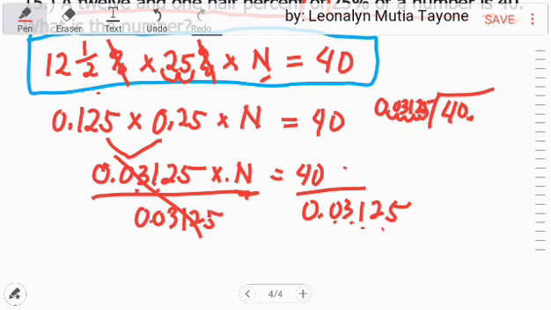So, bali ito yung decimal niya kasi 40 siya. 1, 2, 3, 4, 5. Lagyan natin ng 0 ito. 1, 2, 3, 4, 5. So, itong decimal na ito, nandito na siya. Ngayon, 3,125 na siya. So, doon tayo sa 4,000,000 divided by 3,125.